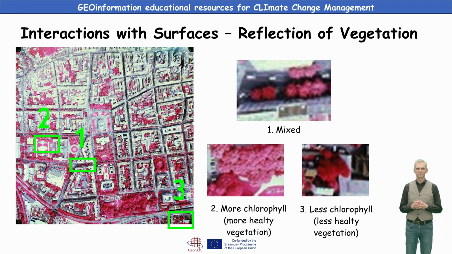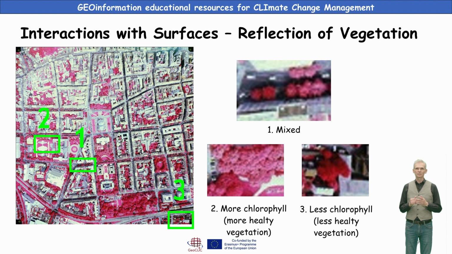The brighter red, rosy, the vegetation is, the more chlorophyll it has, and the more oxygen it releases into the environment. The darker the red, the less chlorophyll there is and the less oxygen is released into the environment.